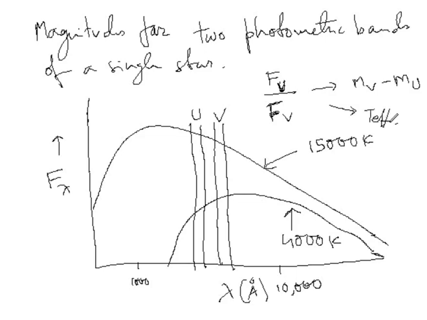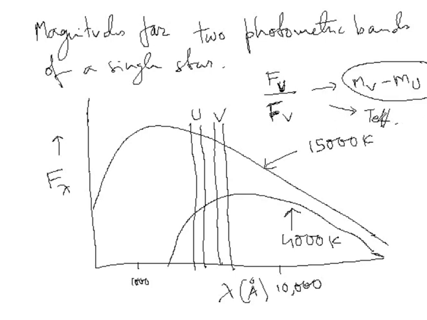Now if nothing obstructs the light coming from the stars, say for example interstellar clouds, then this MV minus MU is independent of the distance to the observer. Typically, however, the presence of interstellar absorption or scattering necessitates certain corrections to be brought to observed photometric magnitudes.